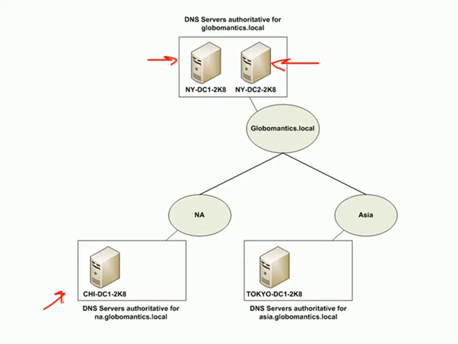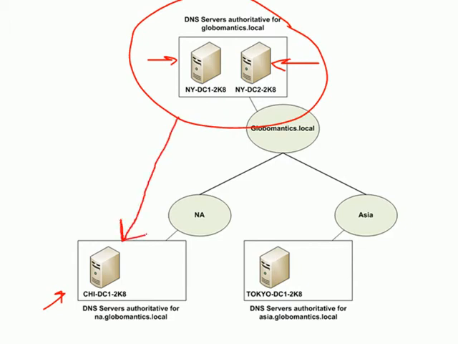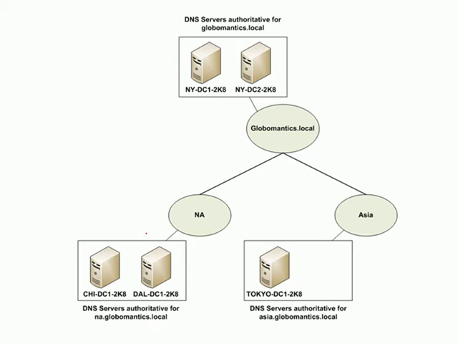And in the case of a stub zone, what we're going to do is manually create the zone telling the parent DNS servers about the one server that is authoritative for na.globalmantics.local. But by doing it in the form of a stub zone as opposed to an individual manual delegation, when we add a second DNS server which is also authoritative for na.globalmantics.local, the addition of this server will update what's called the NS records.